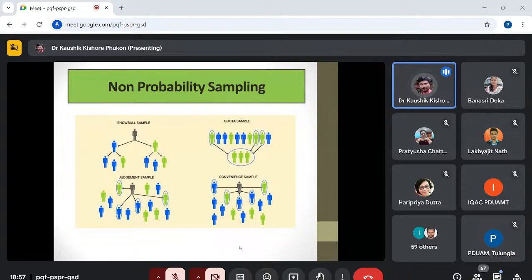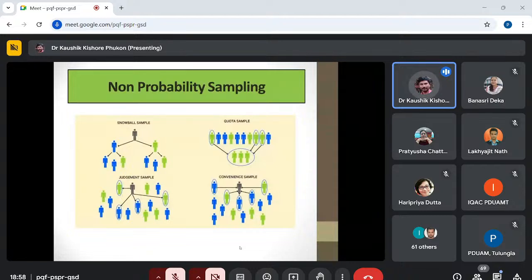Convenience sampling is not always effective, so in that case, you have to apply judgment sampling, because your analysis will not give any useful result if you do not apply convenience sampling and judgment sampling in a well-planned manner.